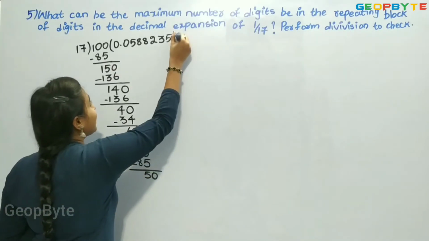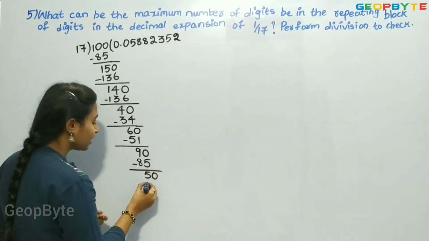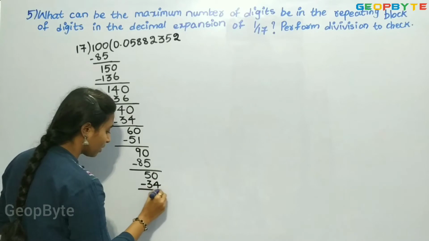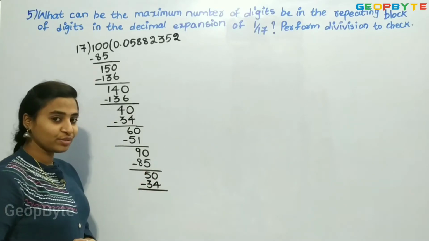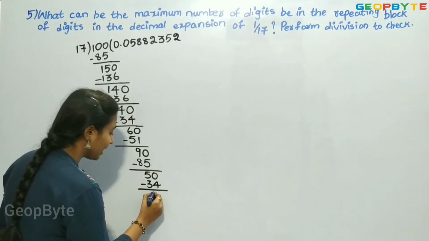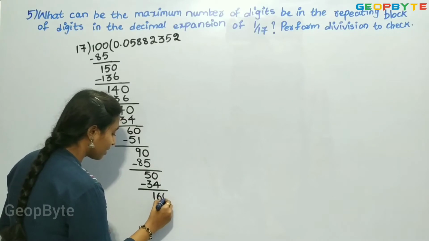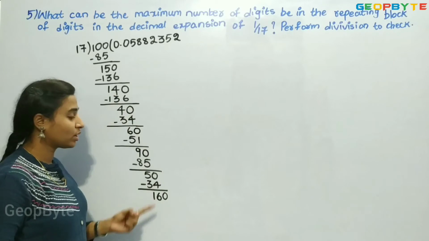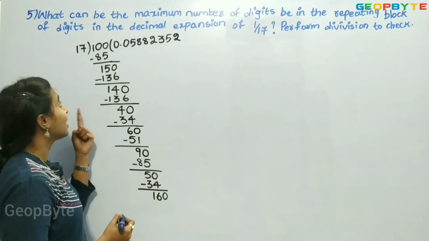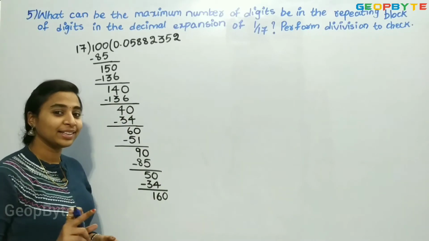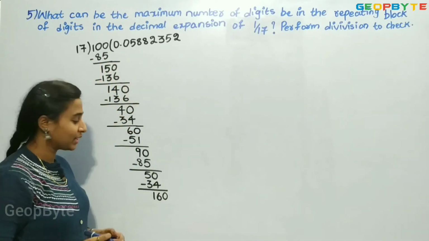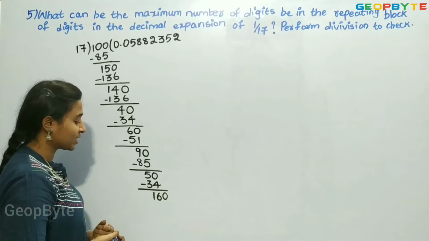Let us take a 0. Now 17 2s are 34. 50 minus 34, 16. So we will put a 0. We are putting all these zeros because they are less than 17. That is why we are putting zeros with this decimal point. Now we got 160.